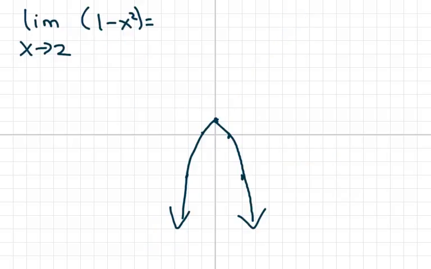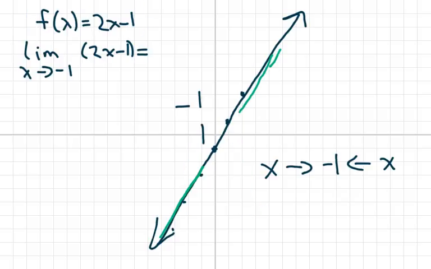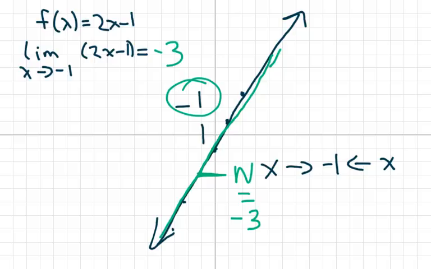And so, as we come down here to -1, this is our n, which happens to be -3. So in both cases, as x approaches -1 from the left and the right, our y value is -3, so that's our limit.